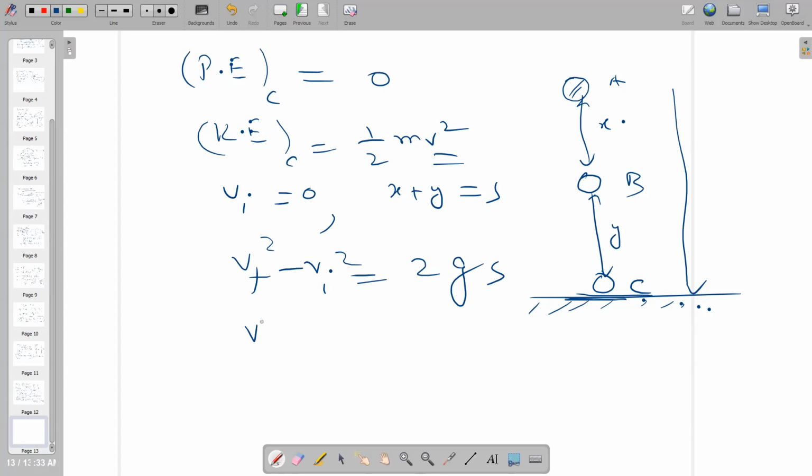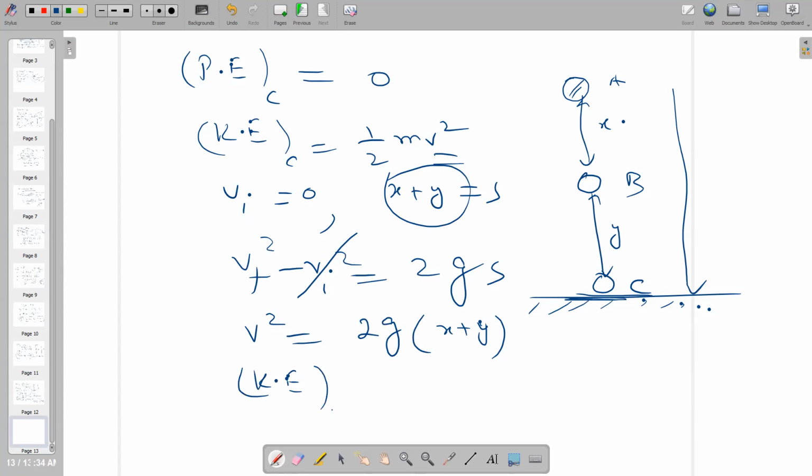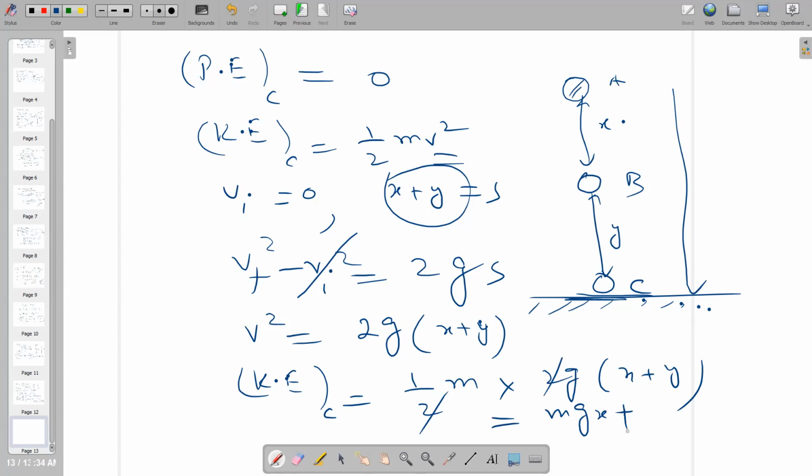So v square minus 0 is equal to 2g into s, and s is x plus y. This is your v square value. Now what will be the kinetic energy at point C? This is 1 over 2 m into 2g into x plus y. So this will cancel and the answer will be mgx plus mgy.